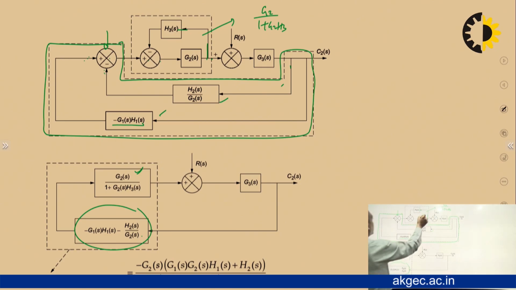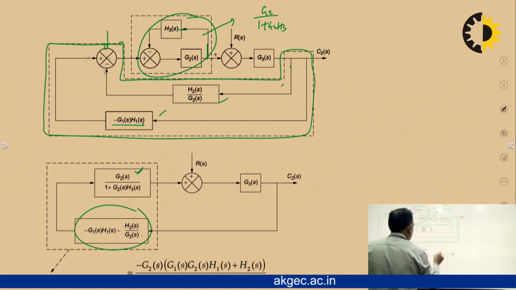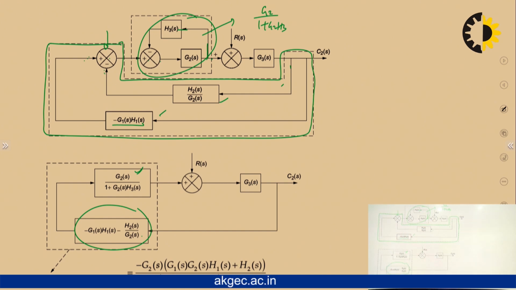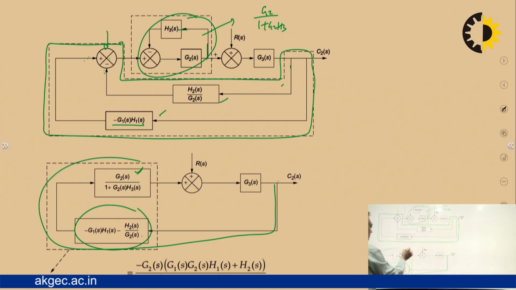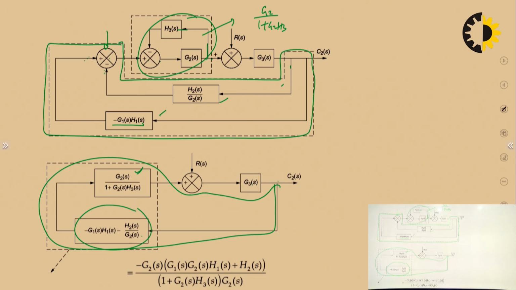This loop has also been eliminated, and this is the input. Now this is the situation: this is the input, you are getting the output from here, and this whole is the feedback portion. You can see these are in cascade, in series, so you simply multiply this block transfer function with this block transfer function, and the whole comes as feedback.